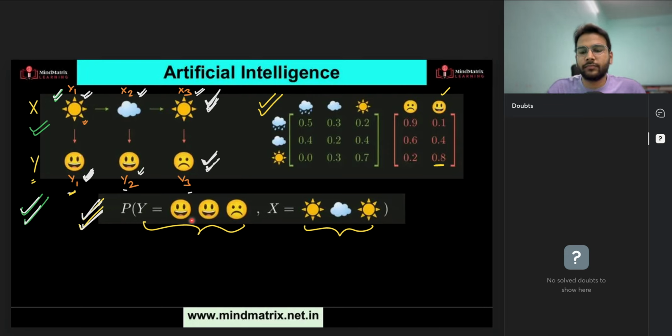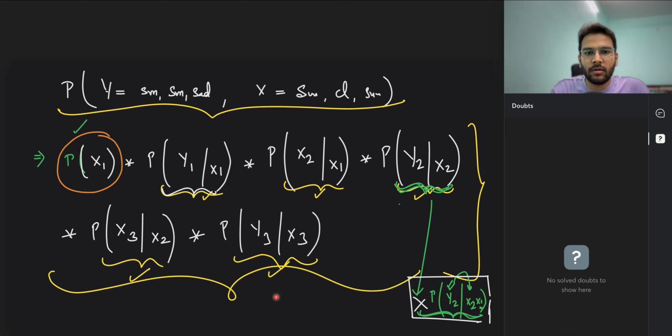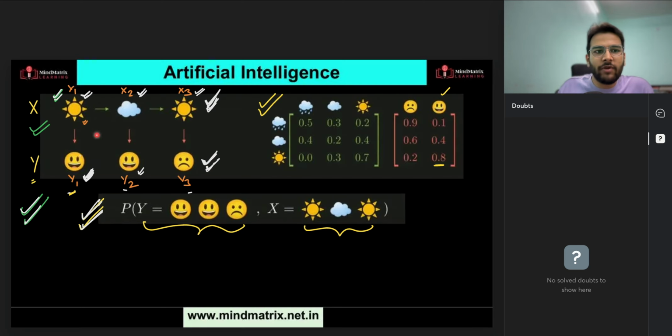Yes, please ask. In the second term, we have x2 given x1. This one you are talking about, right? X2 given x1. Now it depends on the previous state. Everyone, carefully see this. X2 means cloudy. What is the probability that the weather is cloudy given that it is sunny? Can you see this arrow from sunny to cloudy?